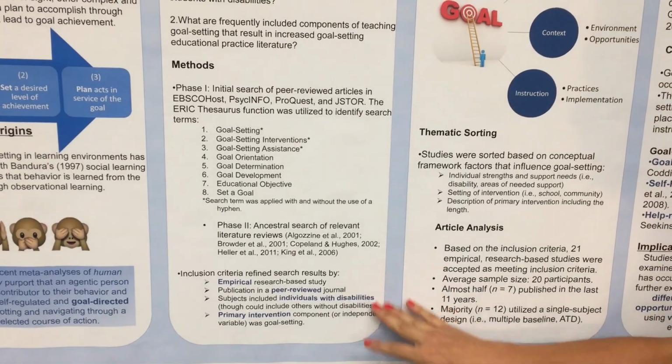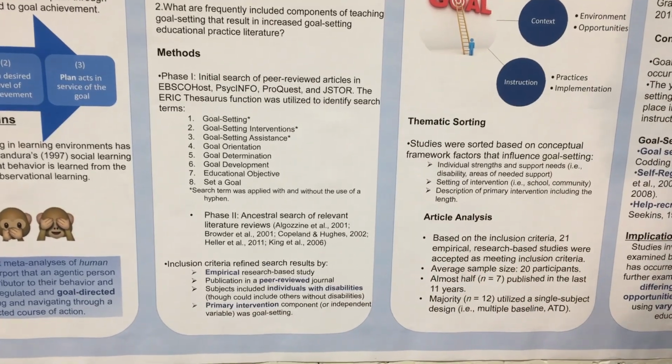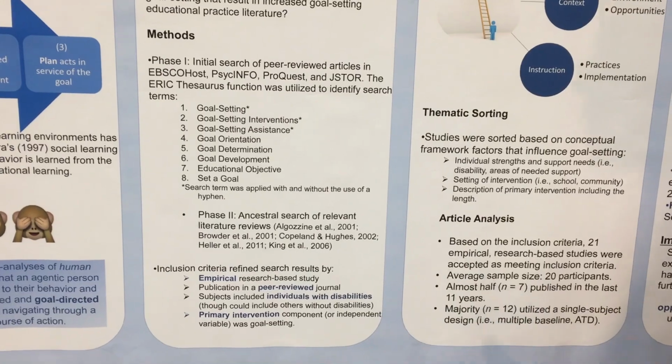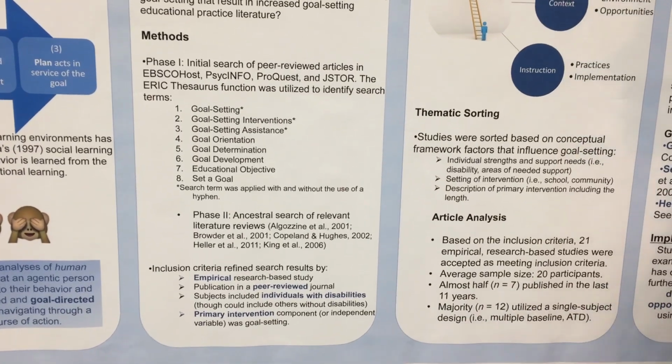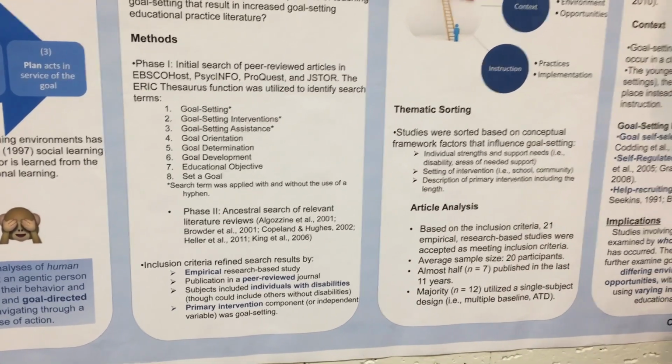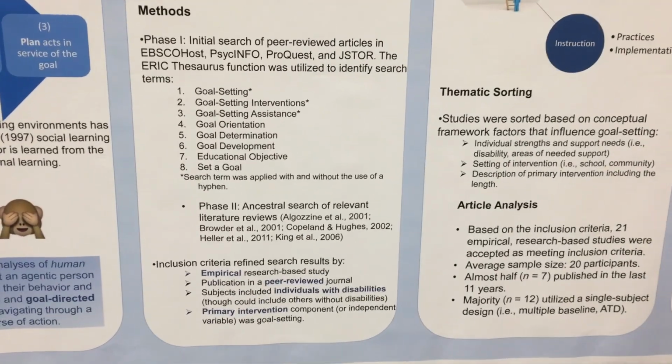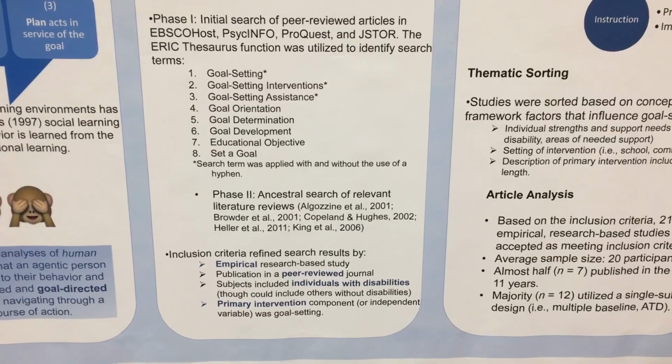The inclusion criteria were that it needed to be an empirical research-based study, published in a peer-reviewed journal. Subjects included individuals with disabilities, but were not exclusive to individuals with disabilities. And the primary intervention component, or independent variable, was goal setting.